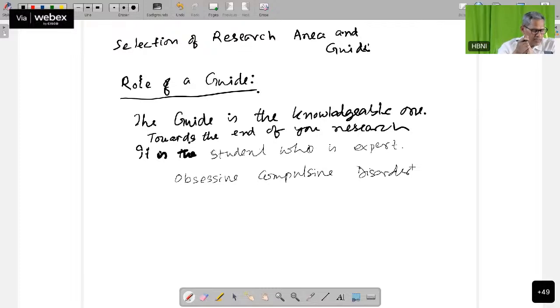Some of the activities which are an integral part of a research student.